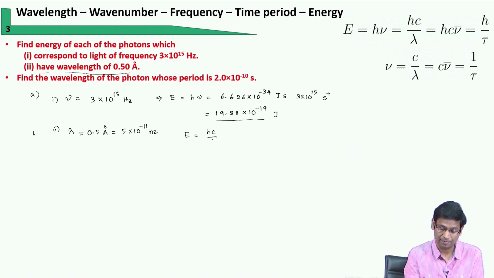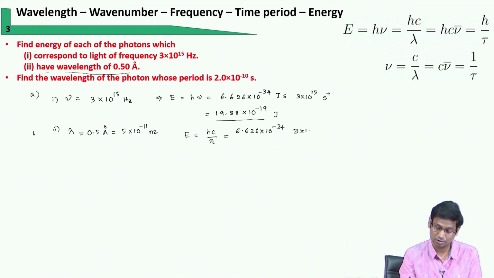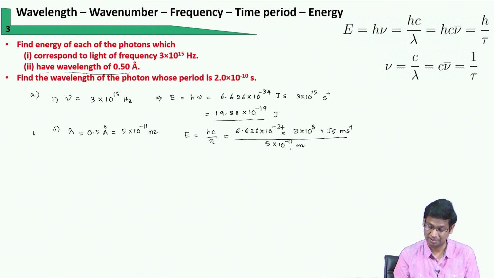Energy is simply E equals hc by lambda. Now, I have two constants to worry about. 6.626 into 10 to the power minus 34 is Planck's constant, multiplied by 3 into 10 to the power 8, in units of joule second meter per second. Joule second is the unit of Planck's constant, meter per second is the unit of the speed of light, and this is divided by the wavelength of the radiation, which is given in meters.